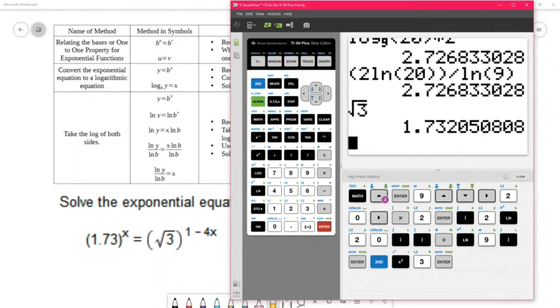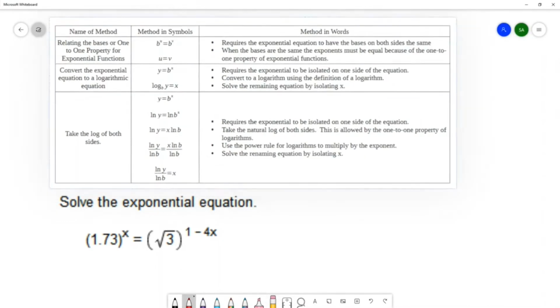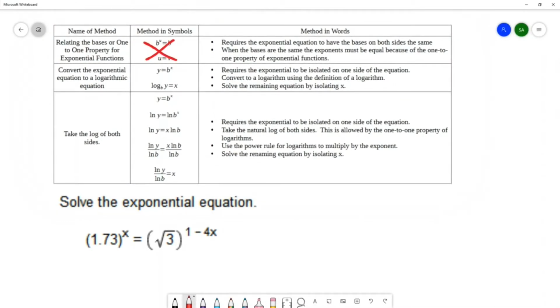But they're not exactly the same. So even though they're close, you can only use that relating the bases property when the bases are exactly the same. So we're going to skip that method of relating the bases for this example because those bases are not the same.